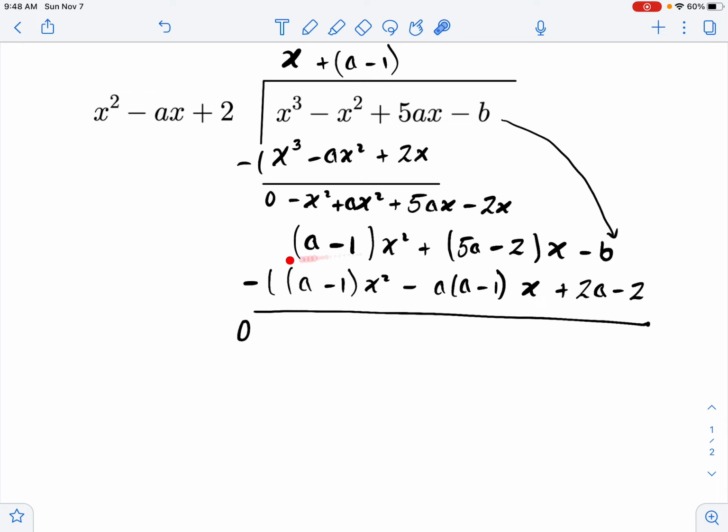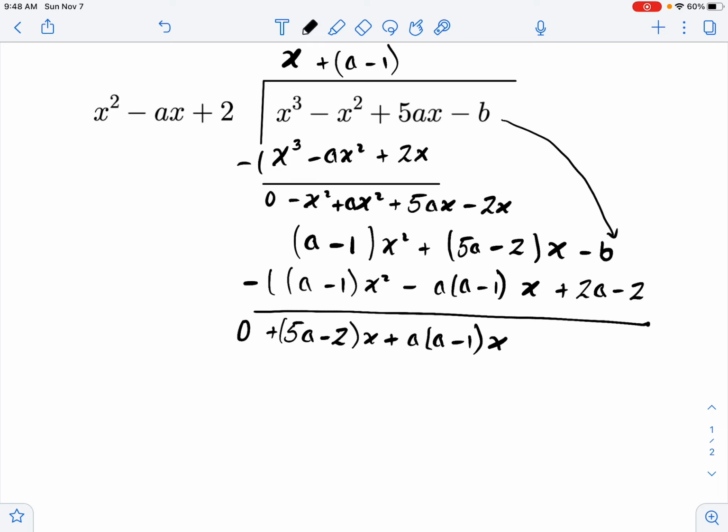So there's a double negative there, so that's going to give me positive. So I have 5a minus 2, this is my x term, in parentheses, x. Minus negative a, so that's plus a on a minus 1 x. I'll distribute that in just a moment.